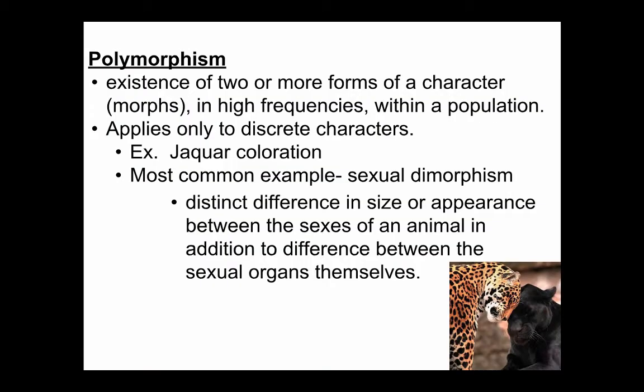Polymorphism is where we have two or more forms of a character. These are morphs, so poly would be many morphs in high frequencies within a population. This applies only to discrete characteristics like the jaguar coloration, or another example would be sexual dimorphism, because there are distinct differences in appearance between the male and female sexes of an animal, in addition to differences between the actual sexual organs themselves.